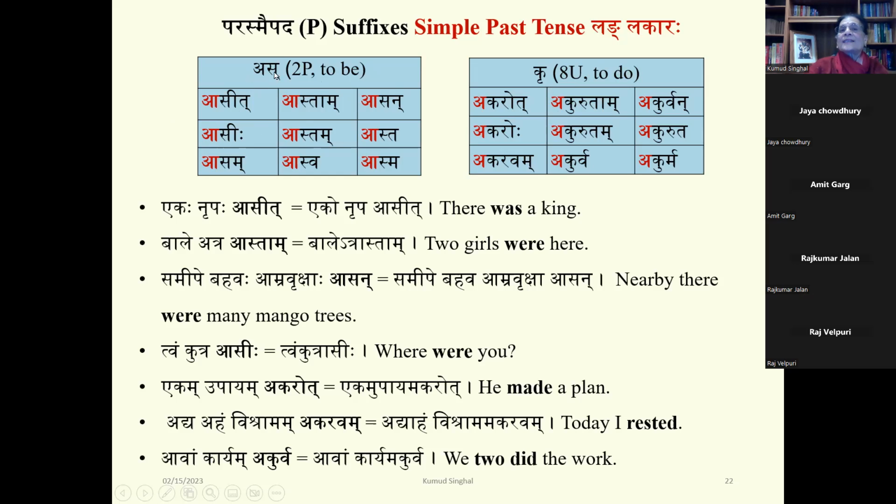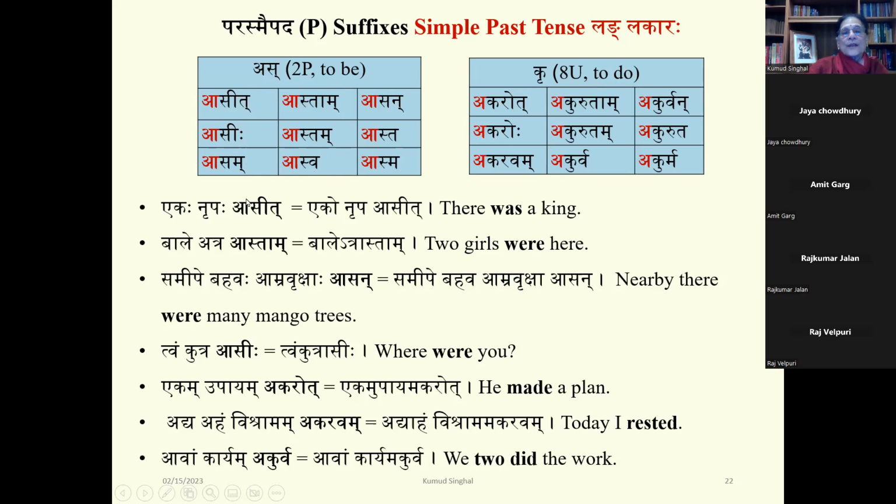So as was asti, right? Asti and so on. So here the past form is asit. You should know this is used very often. Asit, astam, asan, asihi, astam, asta, asam, asva, asma.